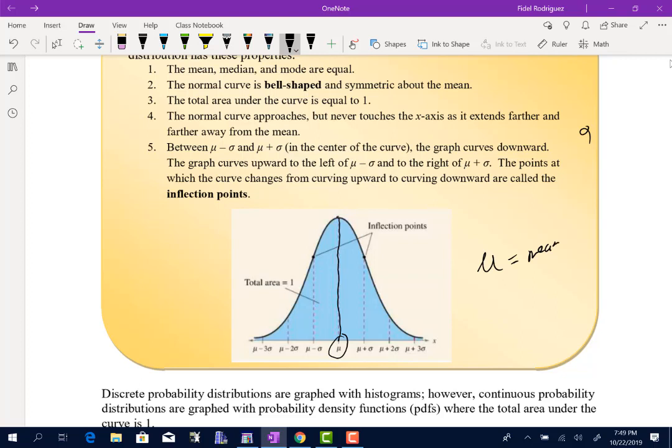That's our mean, right? Okay. It says the total area under the curve is equal to 1. So the area, everything in blue here, guys, if we were to find the area of that curve, it's always going to be equal to 1.